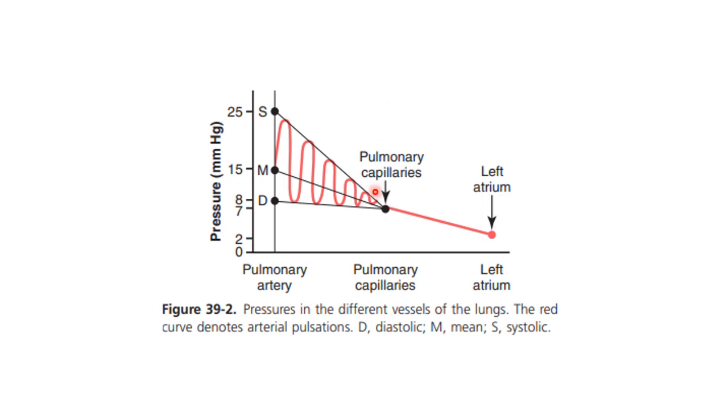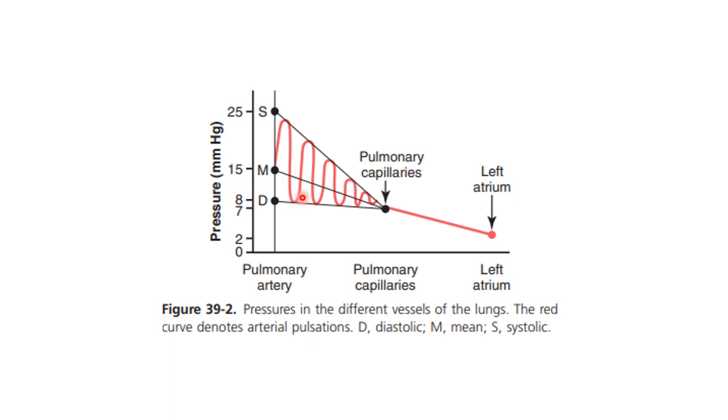So this picture will show you the pressure differences in the vessels of the lung. So this reading right here is for the pulmonary artery. During contraction of the right ventricle, during systole, the pulmonary artery has a reading of 25 mercury millimeters. And then this will be at the point of relaxation.